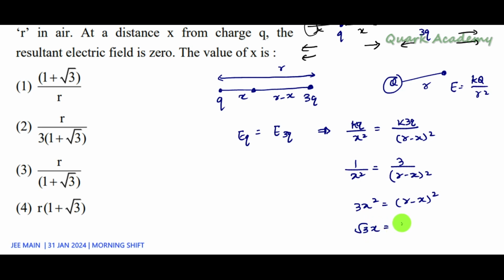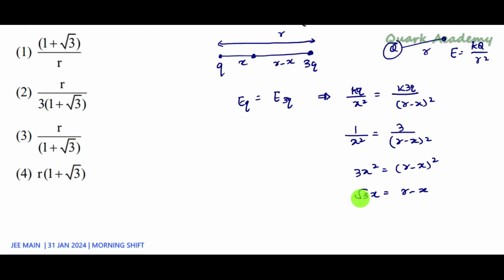So root 3 X equal to R minus X. Let's bring X one side. Root 3 X plus X equal to R. Just take the X common and then divide it. We'll get X equal to R by 1 plus root 3. So the value of X is R by 1 plus root 3.